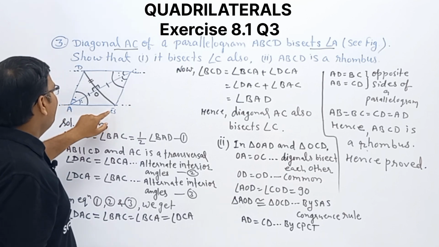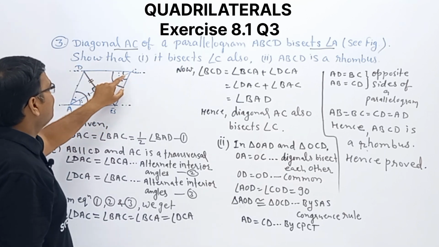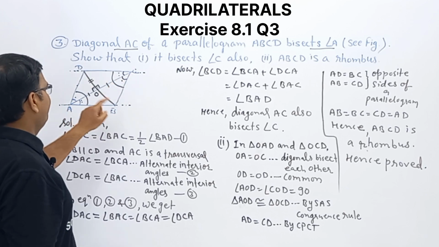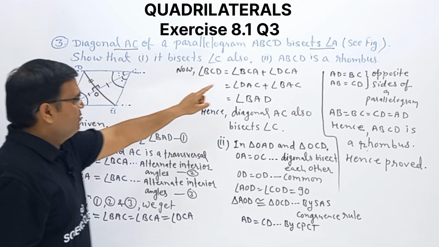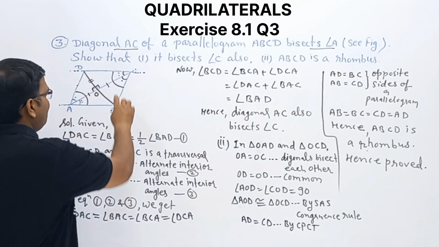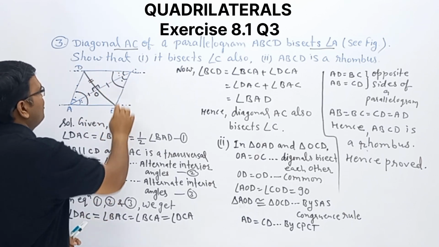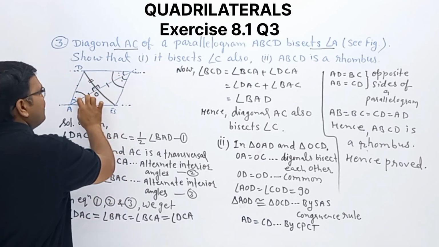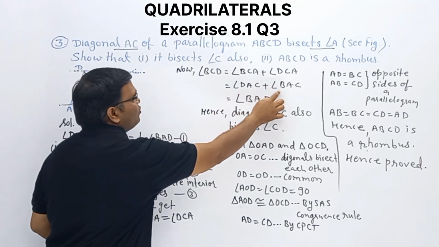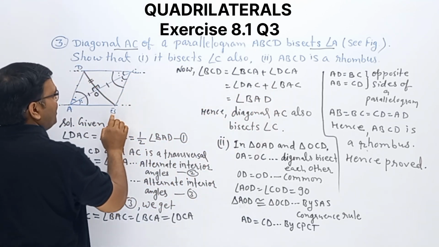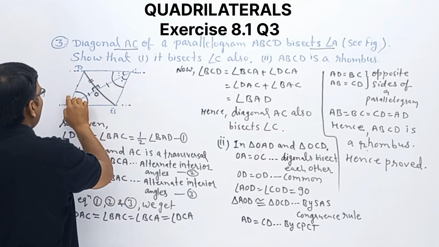So we are taking angle BCD. This angle can be written as BCA plus DCA. And DAC plus BAC is what?